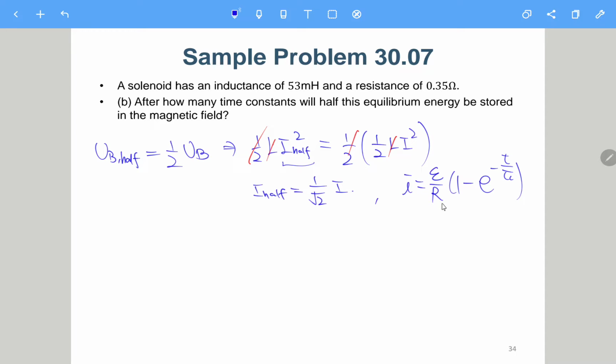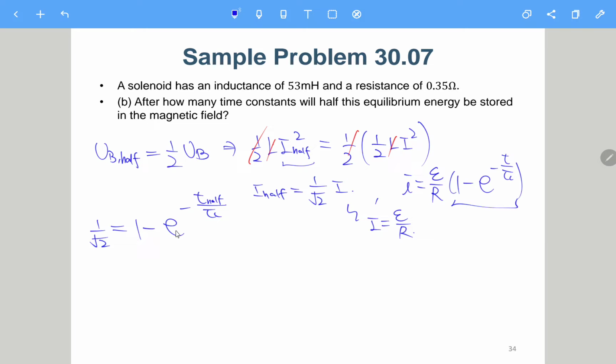Here I is E over R, and we want I_half to be 1 over square root of 2 times E over R, which means we need this term to be 1 over square root of 2.